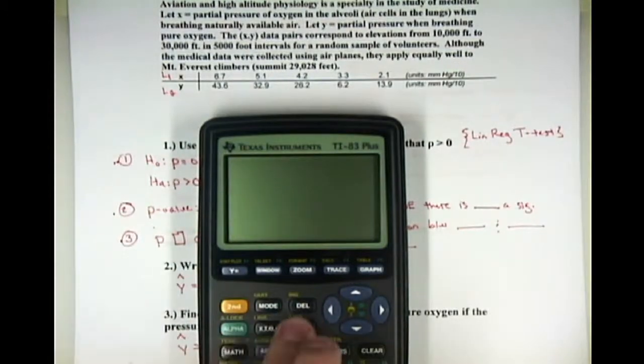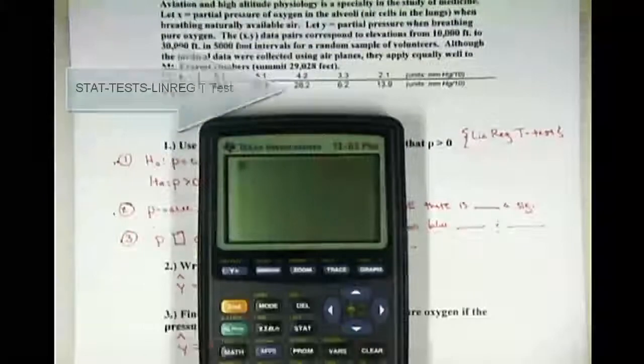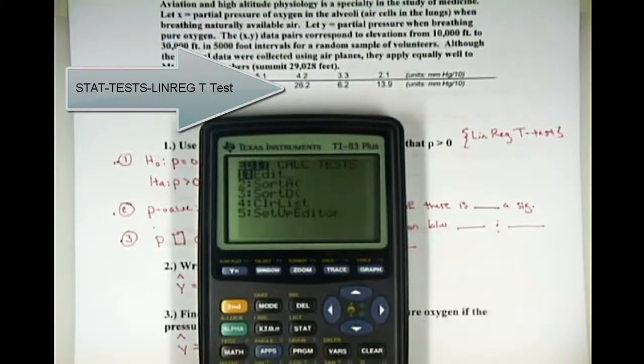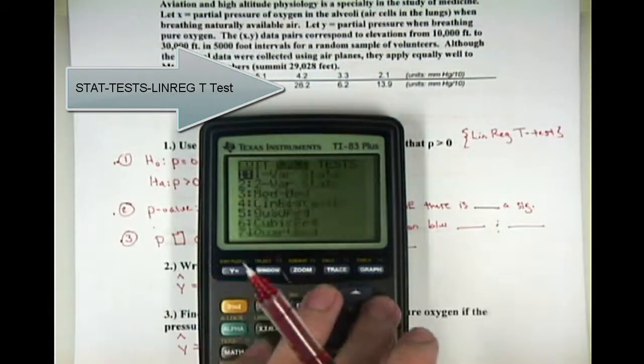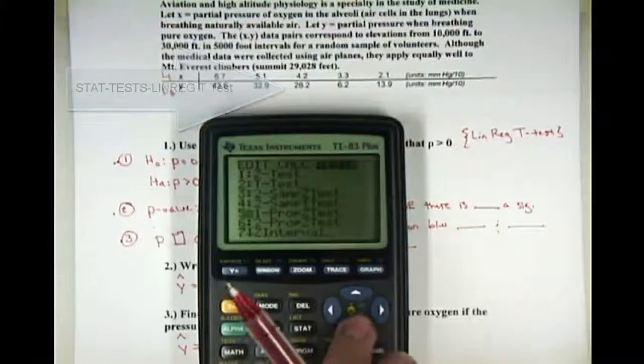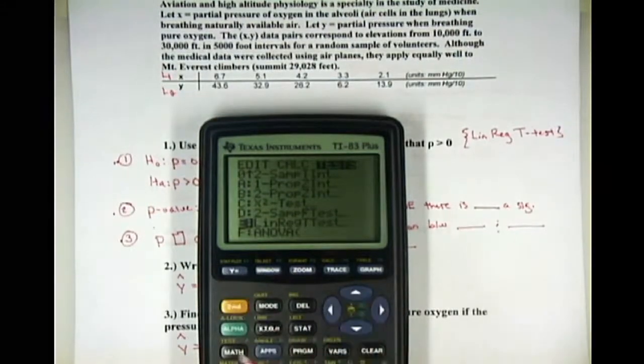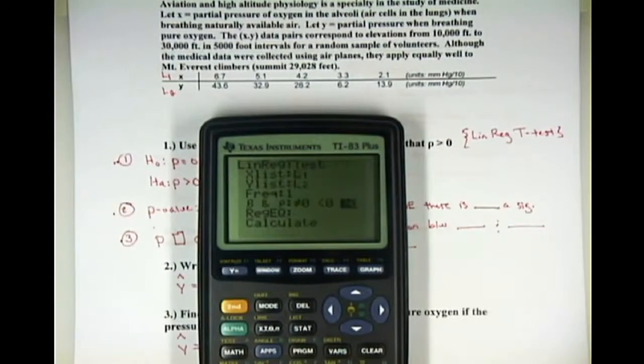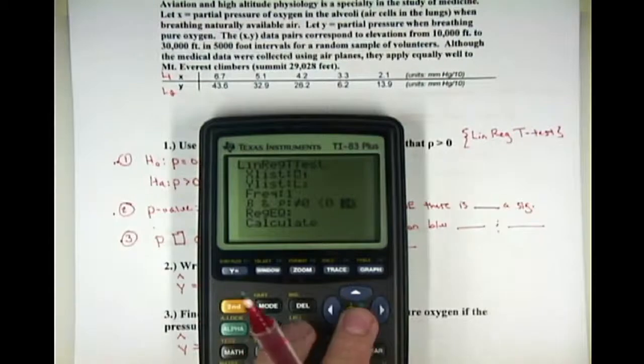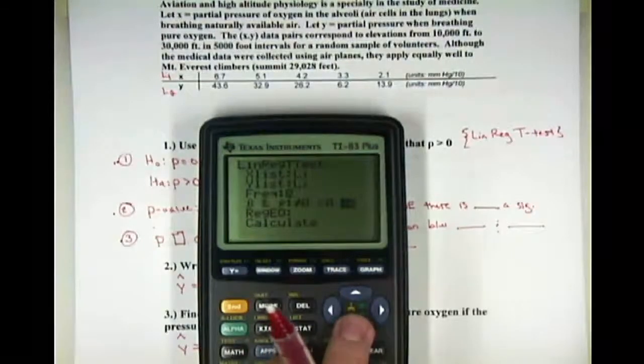So what we're going to do is turn it on first, then go to Stat, over to Test, and all the way down to LinRegTTest. And there it is. For the X list, I entered my data into list 1, and I entered my Y data into list 2, so that's fine.